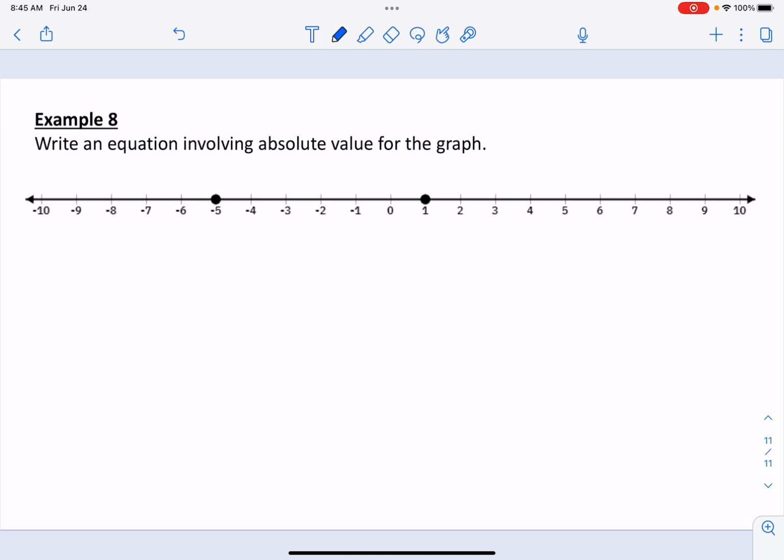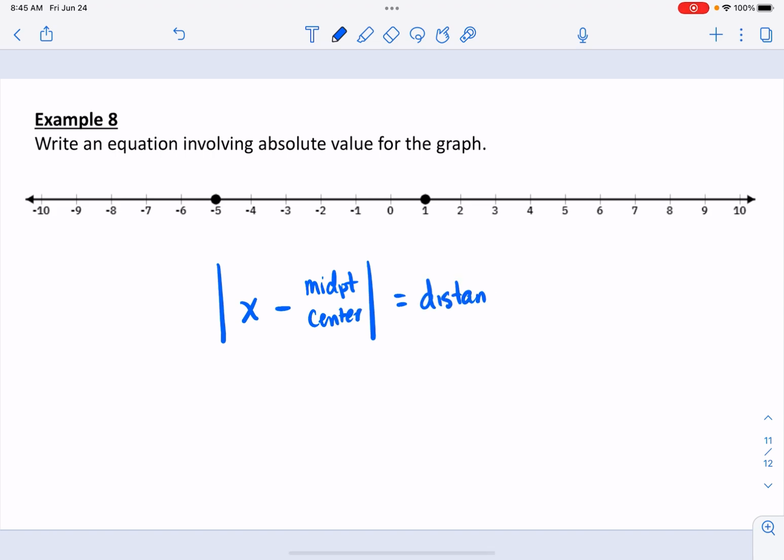Okay, write an equation involving an absolute value for the graph. What you have to think about here is you're always going to have x minus the midpoint, you could also look at it as the center, equals my distance from the center to the endpoints.